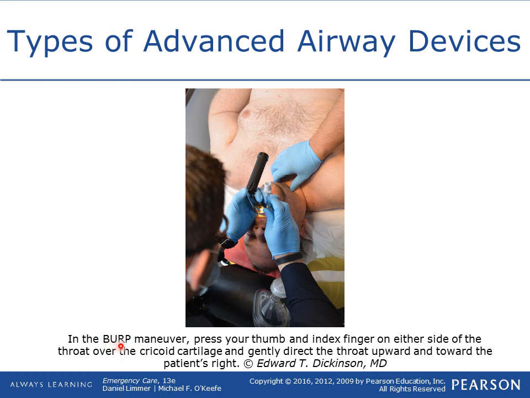So you hear backward, upward, rightward pressure. You'll put your finger and your thumb right here over the cricoid cartilage. You're going to push backward, upward, and rightward, to the patient's right. You'll basically push down and up, aiming for that patient's right ear. What that'll do is allow some more of the anatomy to come into view for the paramedic while they're intubating.